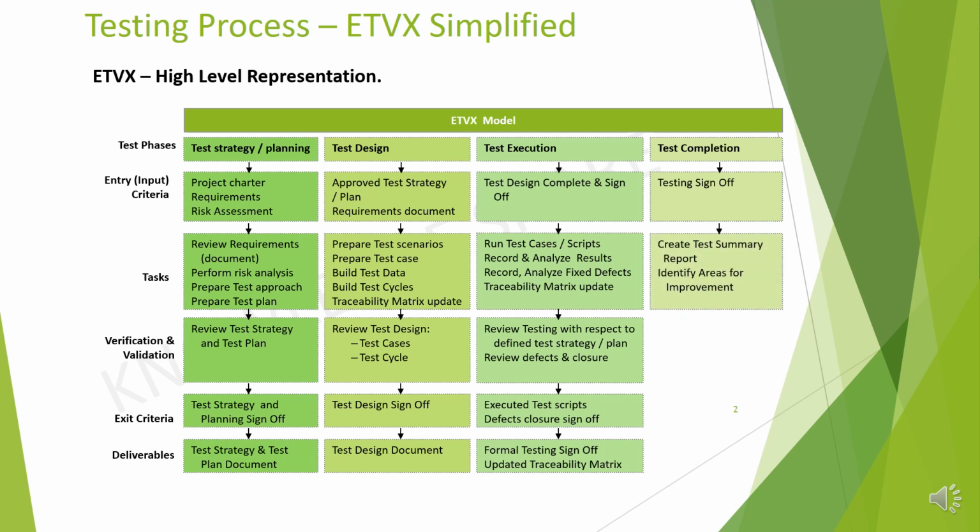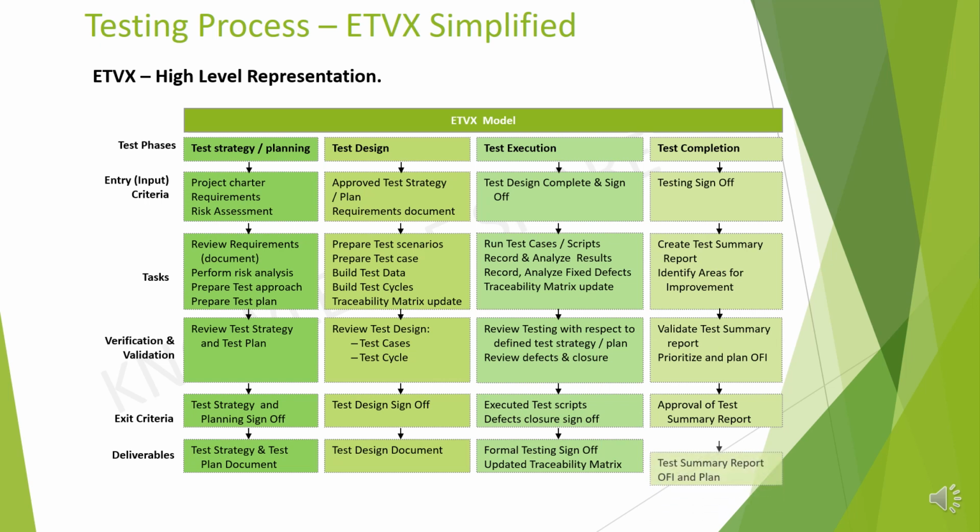Under verification and validation, testing team need to validate test summary report and prioritize and plan for opportunities for improvement. Under exit criteria, test summary reports should be approved by respective stakeholders. Deliverables for test completion phase are test summary report and opportunities for improvement.